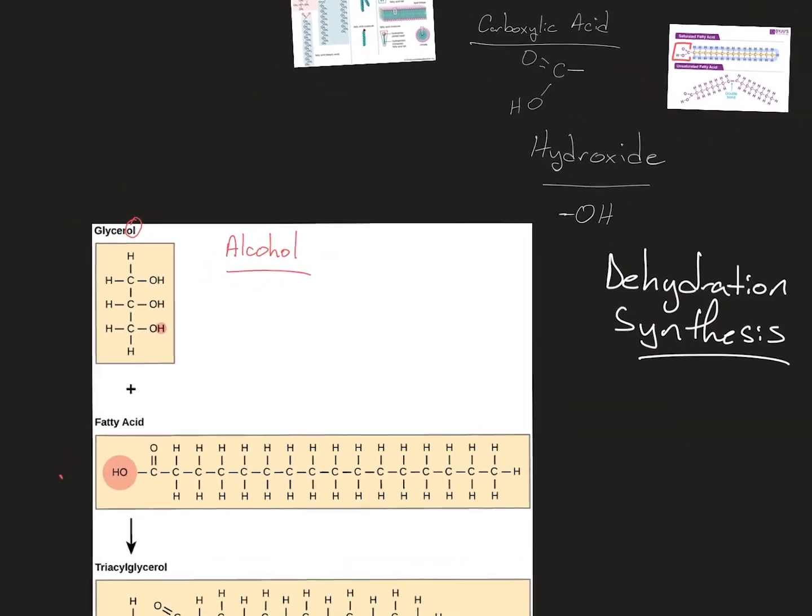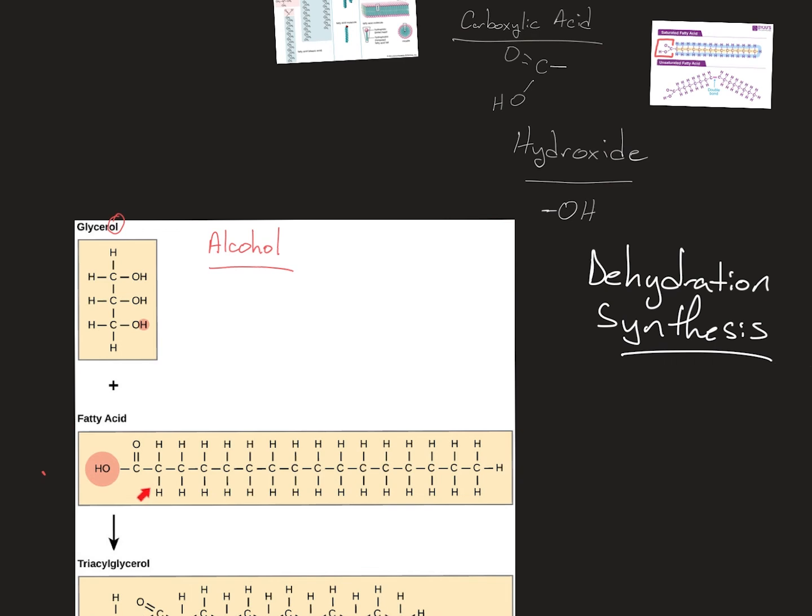Well, here's a fatty acid. There's that long chain of carbon and hydrogens. It's saturated. Do you agree? All right. And then you have a double bond OH. What do we call this? That's hydroxide. What do we call this whole thing? Carboxylic acid. Correct? So we have a carboxylic acid.